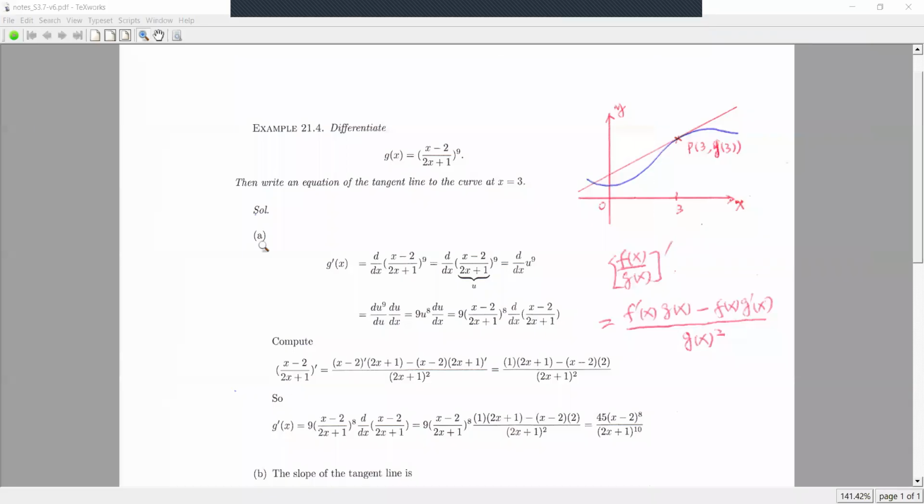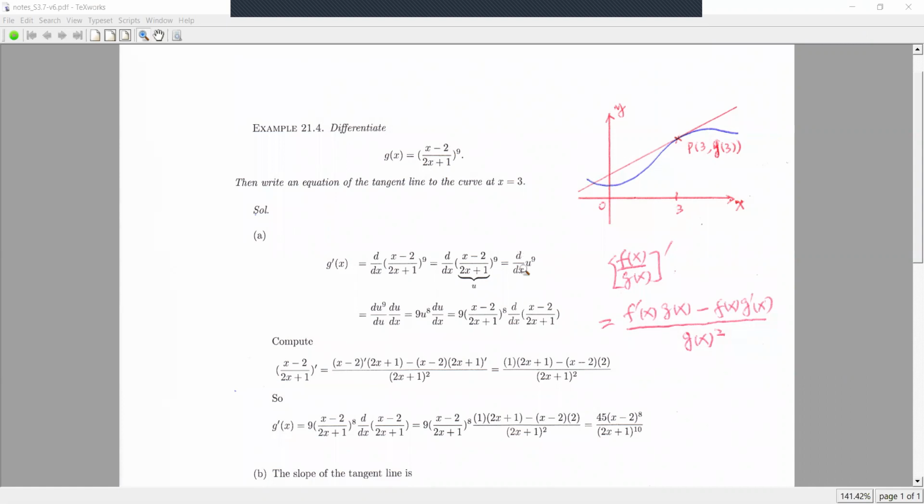Solution to part A. Compute the derivative of this function. This function is complicated, and I want to simplify the function. I let u denote x minus 2 over 2x plus 1. Then the function becomes simple.